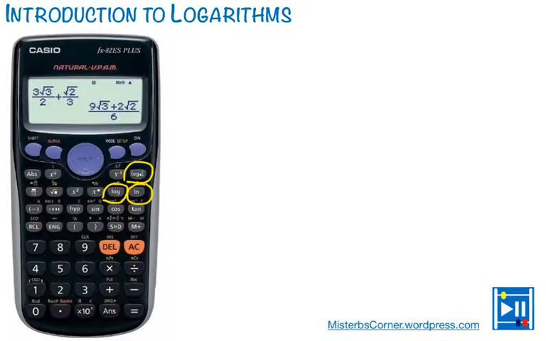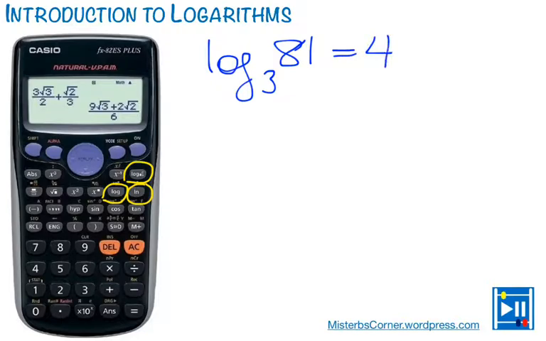Now, when we write log base 3 of 81 into our calculator and hit the equal sign, we end up with 4. So we will be using this button so that we can write down the base as well. When we don't need the base, or when the base is 10, we don't write it.